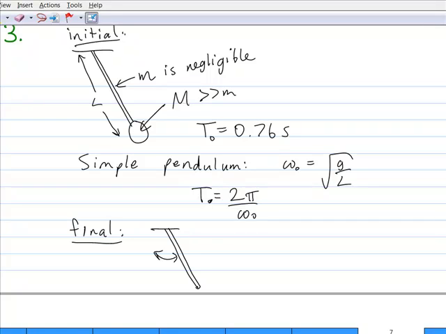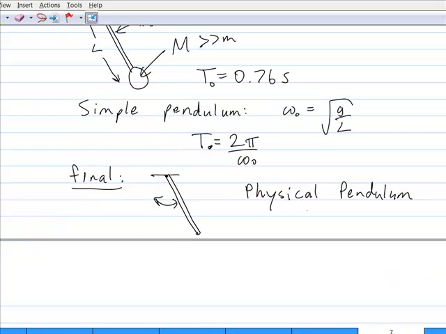Now, I'm not going to get into the torques of all this because we didn't really do torques in chapter 12. We sort of skipped them this semester. But the idea is that this is a physical pendulum, and there is an equation for the omega of a physical pendulum.